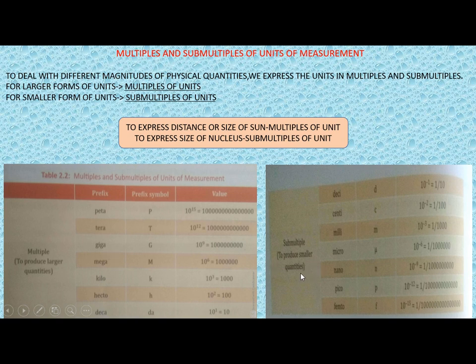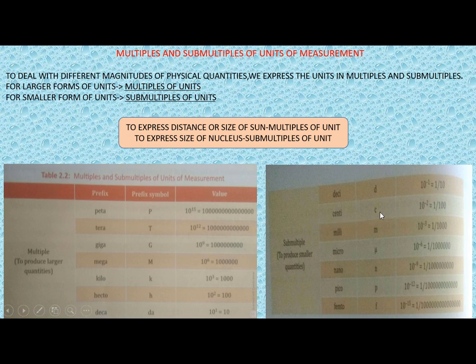And here we have some submultiples. If we have to represent any smaller quantity, these submultiples of units will be used. They are deci, represented by d, and its value is 10 to the power of minus 1. Suppose you want to write decimeter, then we can write it like this. Then we have centi, all of you know what is centi.